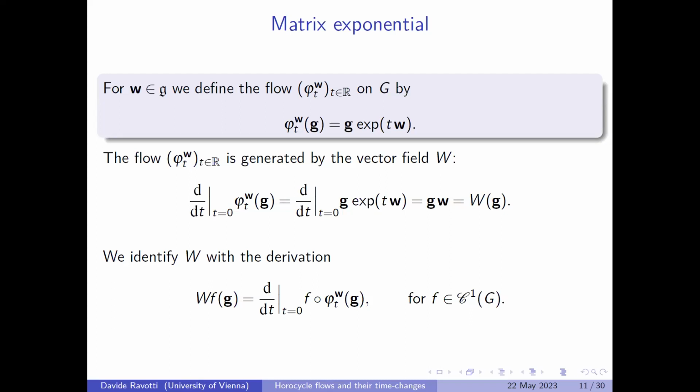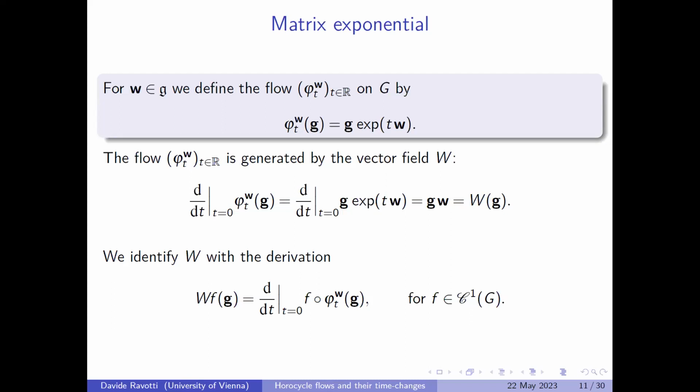Okay, so to repeat once more, we looked at what is the tangent space of the identity. Every element in here determines a vector field on the group. And the integral curves of this vector field are given by multiplication on the right by the exponential of t times that matrix you chose.